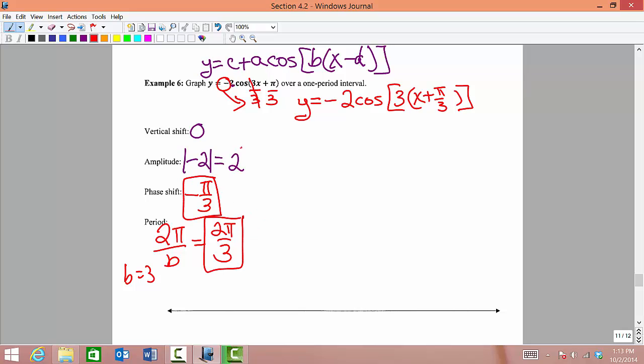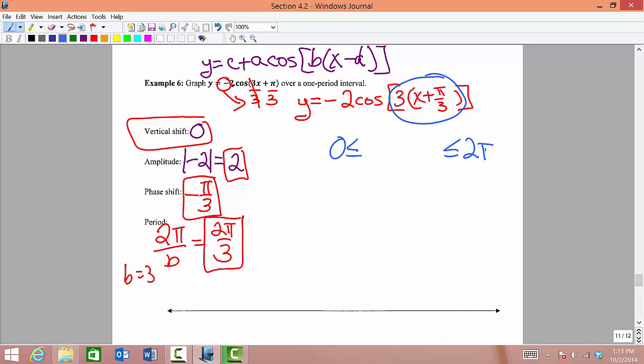So we have everything we need here. And we want to know where we start. Where does the graph start and where does it end? We're going to take the input, and here's the input of our function, and put it between 0 and 2 pi. Divide by 3.